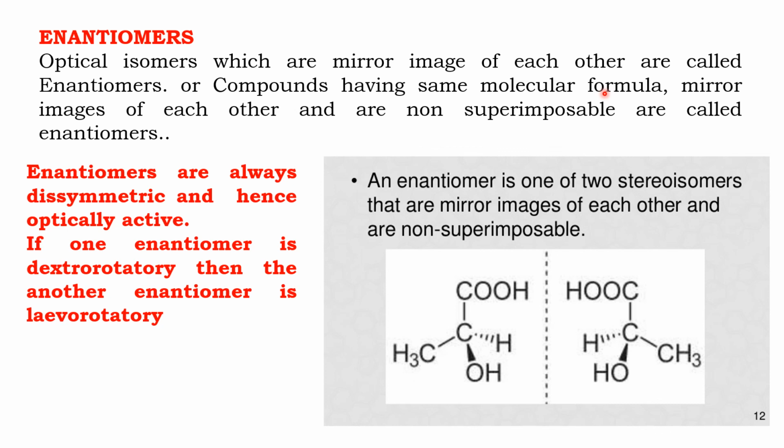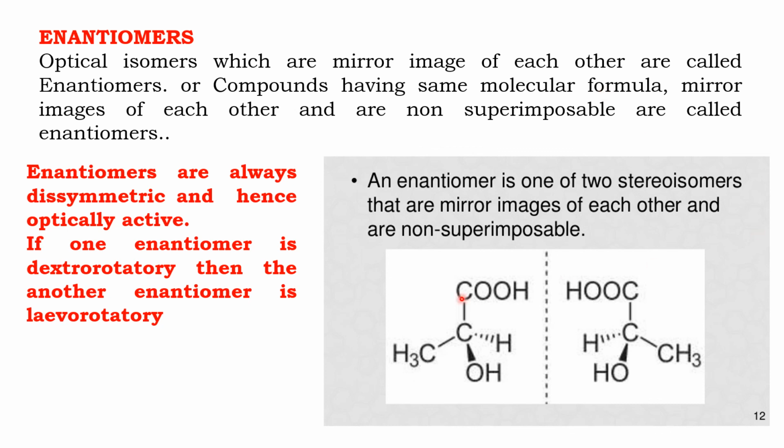When we consider enantiomers, if one enantiomer is dextrorotatory, then the other enantiomer would be levorotatory. If one enantiomer is levorotatory, the other enantiomer should be dextrorotatory.